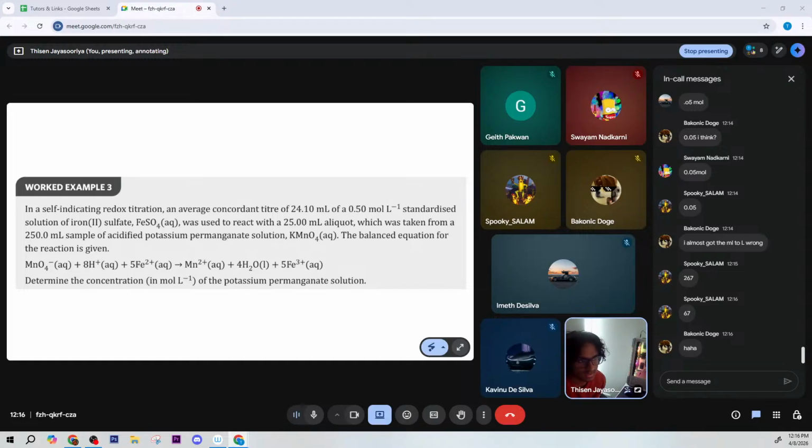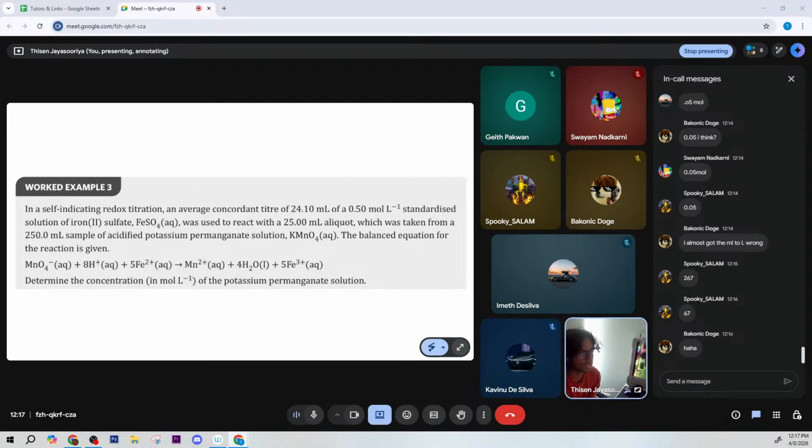It says in a self-indicating redox titration. When it says self-indicating, it means it doesn't have an indicator with it, right? One of the reactants has a color change, so we don't need to add an indicator to indicate that color change.